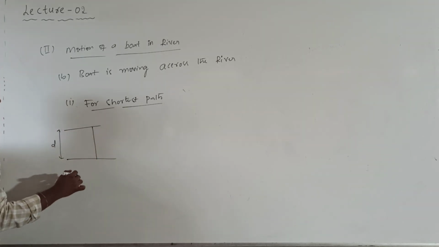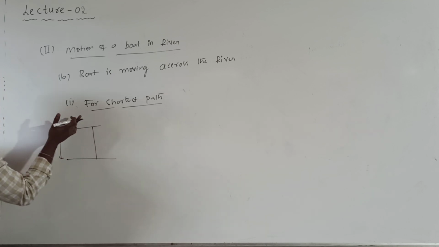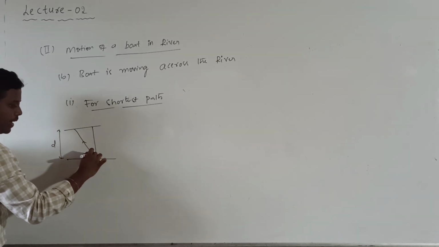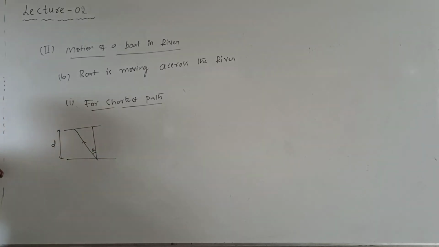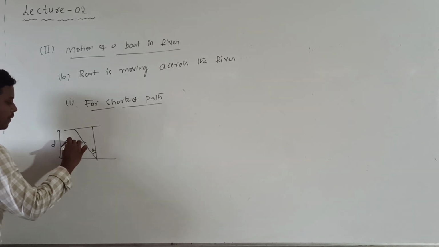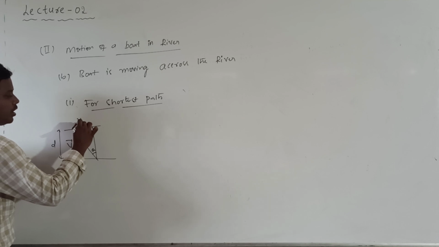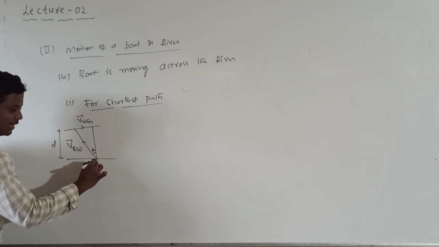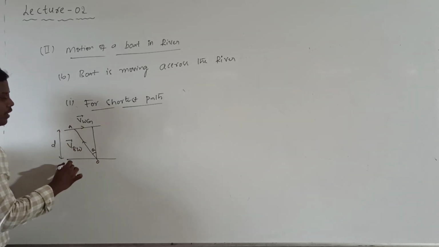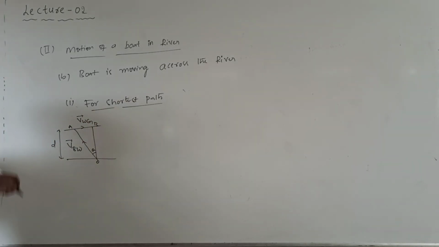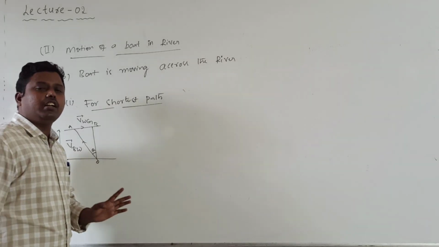In order to reach from one bank to another bank in the shortest path, the boat has to go upstream by making an angle theta with the normal. Here the velocity of the boat with respect to water is given by VBW, and the velocity of water with respect to ground is given by VWG. The boat starts from O along the direction of OE, but because of the flowing of water, it reaches B. So OB is a straight-line path, always the shortest path.